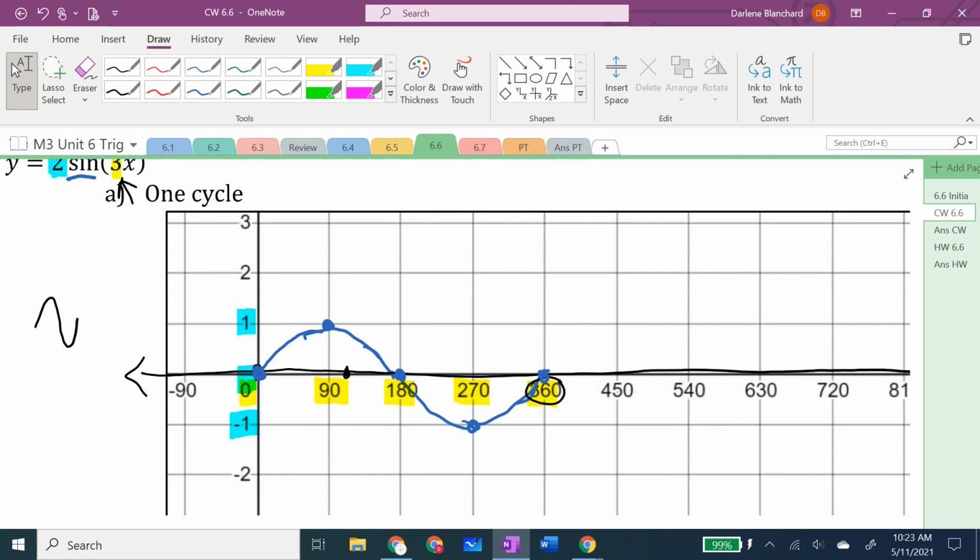And I can do this slowly or quickly. So I'm going to do it slowly for right now since it's the first time.